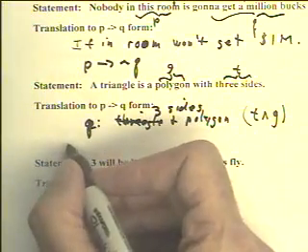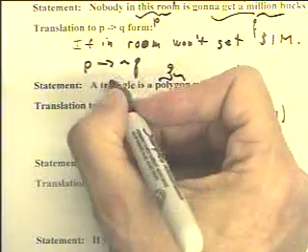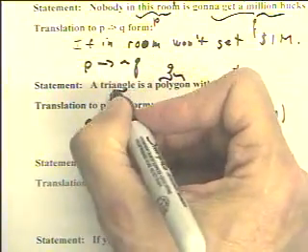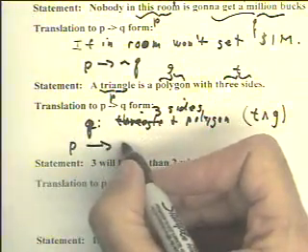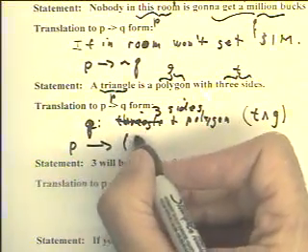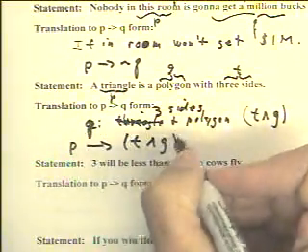So P stands for it's a triangle. So if it's a triangle, it's 3-sided and a polygon.